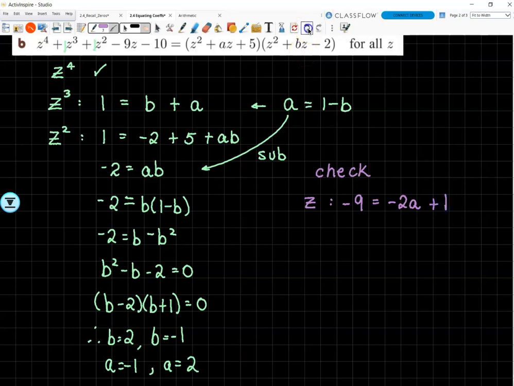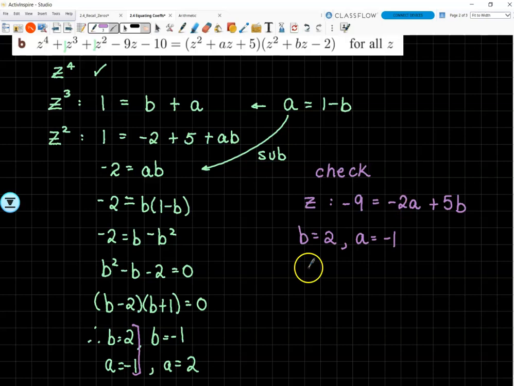So what I'm really hoping for now is that when I replace a and b with these values, so that's one pair of solutions, and then that will be my second pair, that it will in fact give me minus 9. So doing the little check for b equals 2. Now you don't have to write this down if you're doing a test question or whatever, but you should whack it in your calculator and double check.